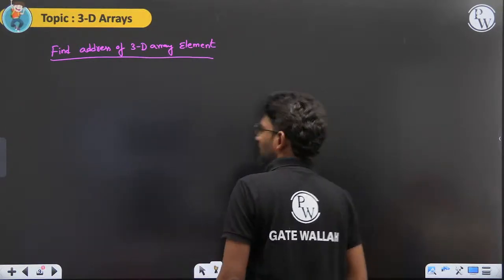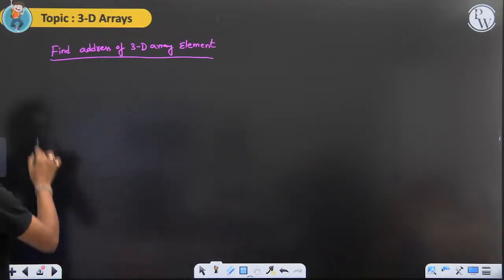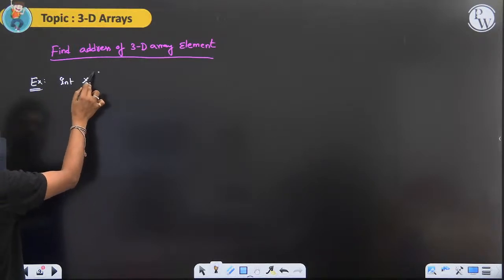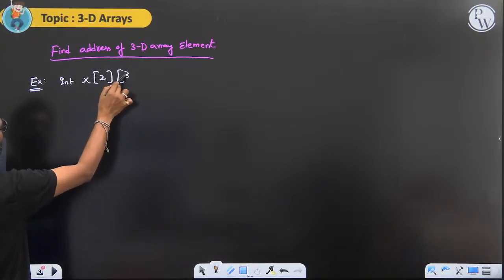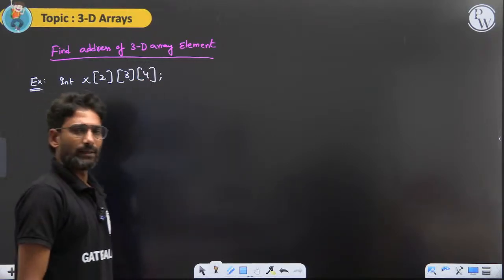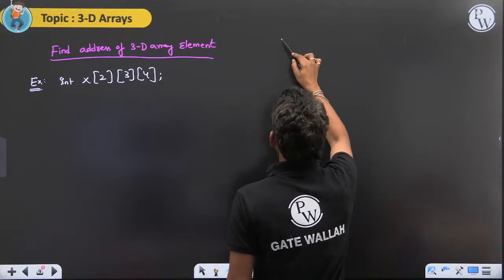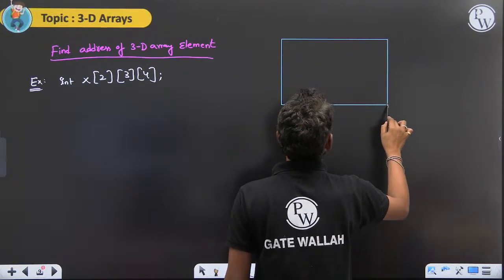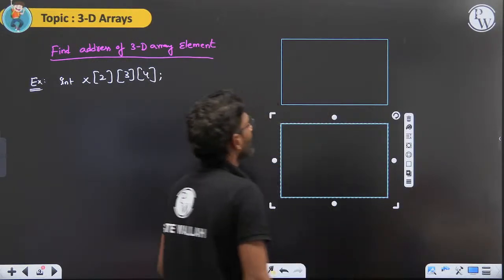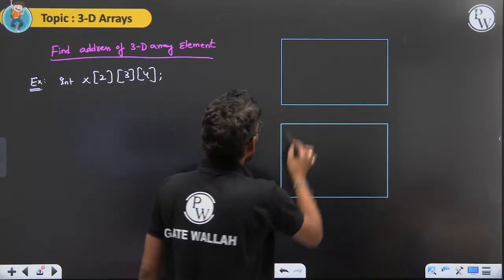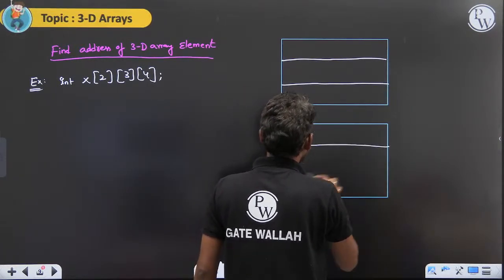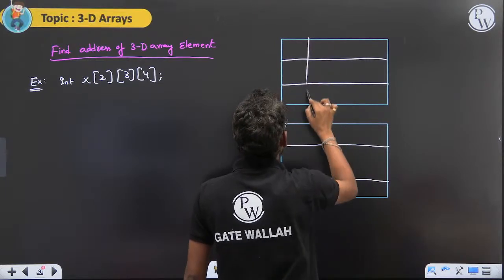Let's say I am taking a 3D array of 2 by 3 by 4. That means I have two 2D arrays. In each 2D array I have 3 rows. In each row I have 4 columns.